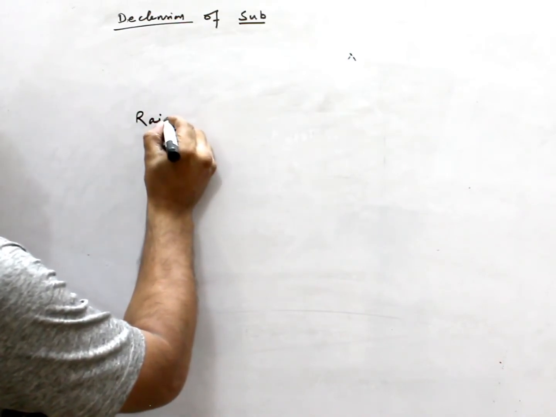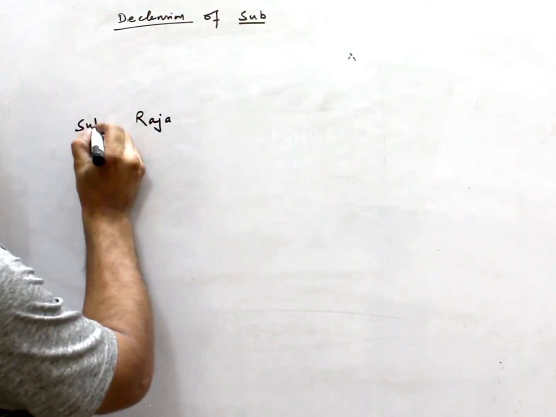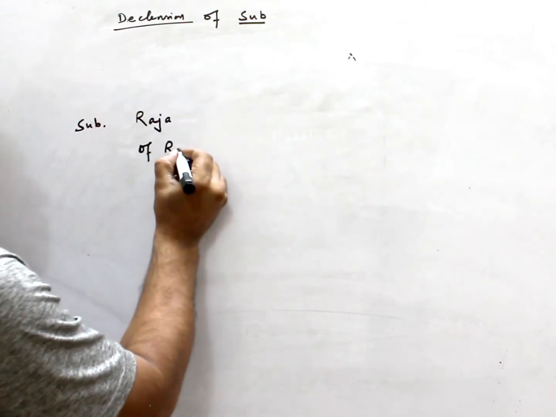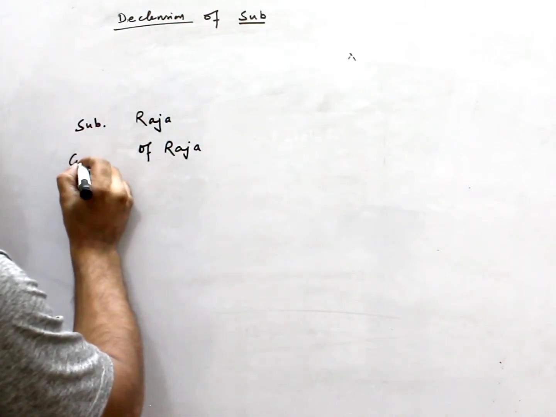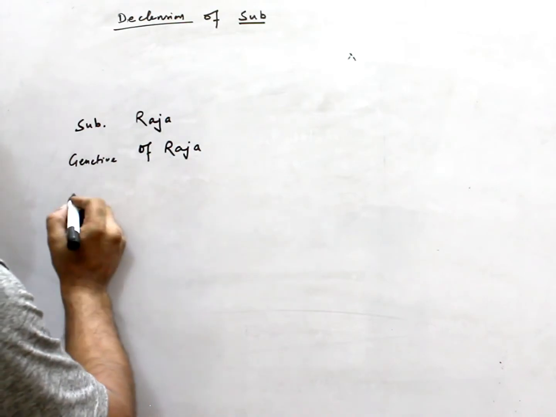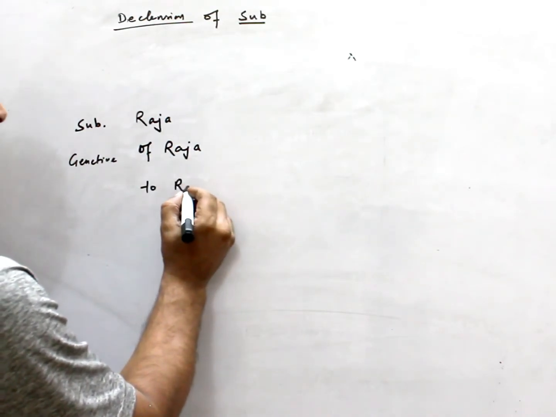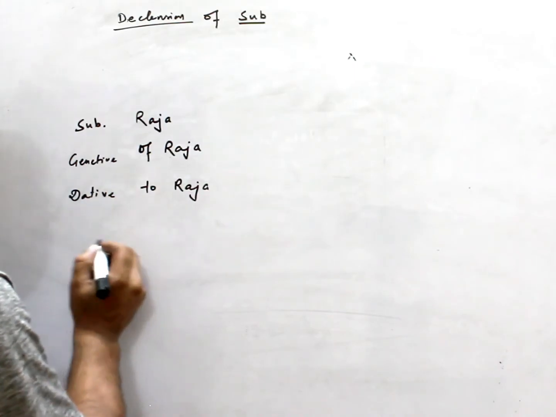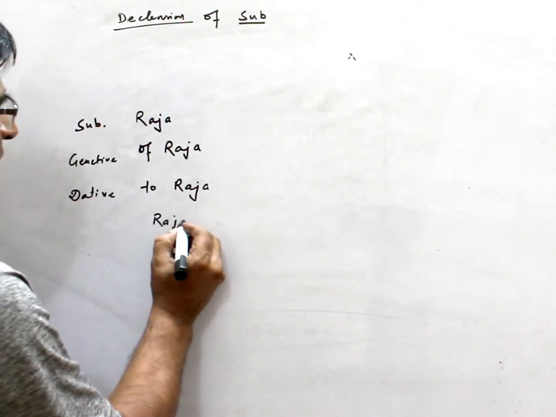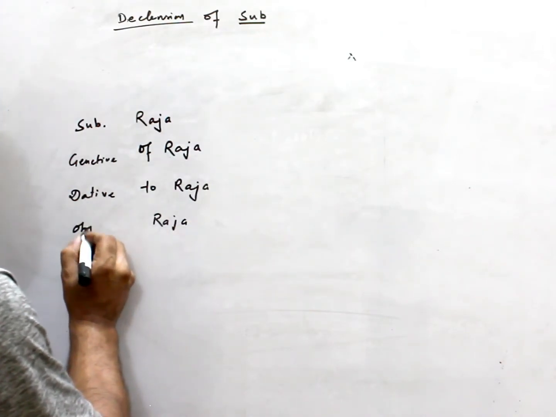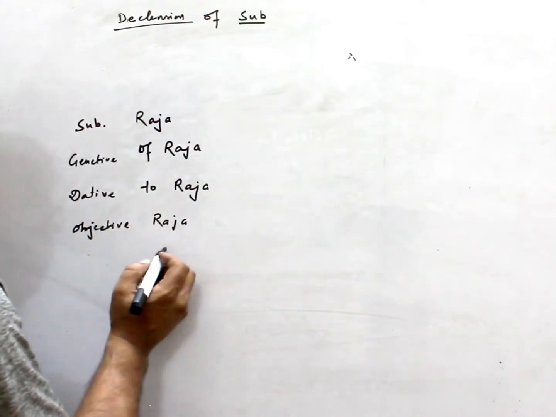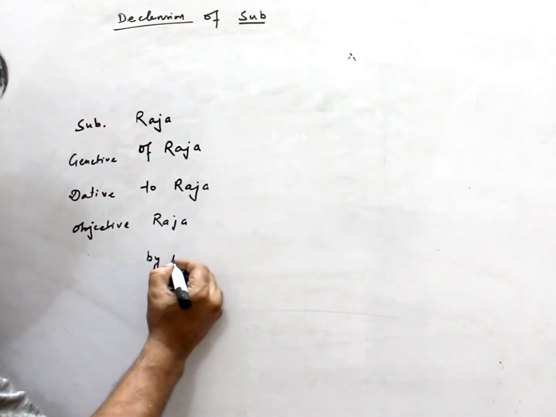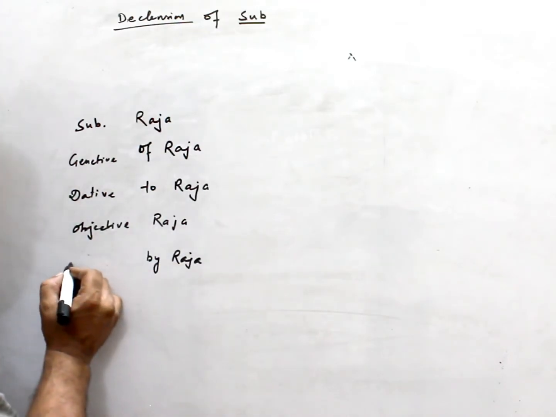Raja, this is subject, and of Raja, this is genitive, and to Raja, this is dative, and this is Raja, this is objective, and by Raja, this is ablative.